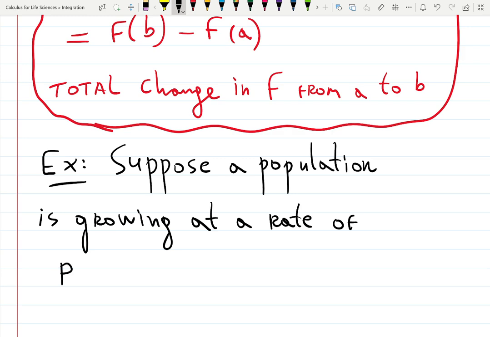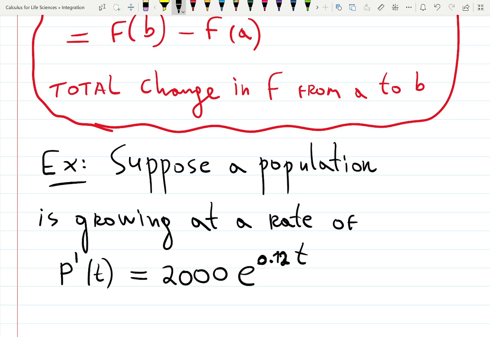The derivative is given: P prime of t, population is usually denoted by P, equals 2000 e raised to the 0.12t. Now you know even a small rate in the exponential function might mean a lot. Even 0.12 might mean a very high exponential growth.